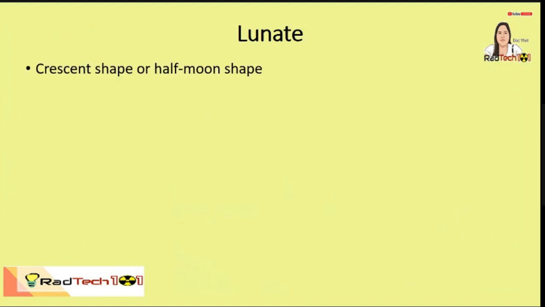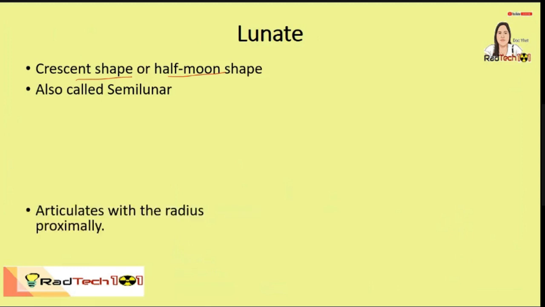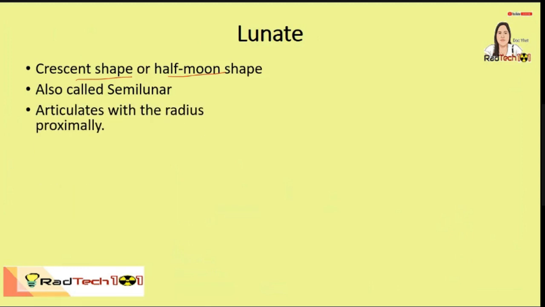The next is lunate. Lunate, from the word luna or moon. So it is crescent shape or half moon shape. Also referred to as the semilunar carpal bone. Articulates also with the radius, just like our scaphoid. So it is the second carpal in the proximal row. So remember our numbering earlier.